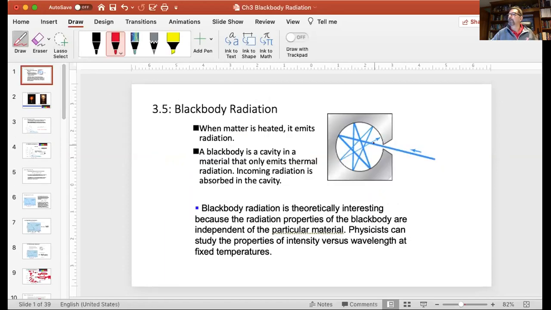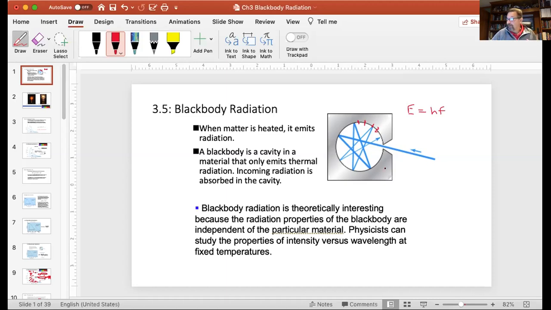He looked at a cavity like this one, a black body cavity. And he said, all along here on the inside, the atoms are shaking back and forth, oscillating back and forth, every one of them. And so he looked at what the energy of each oscillator is, and determined it had to be a constant times the frequency of the oscillation.